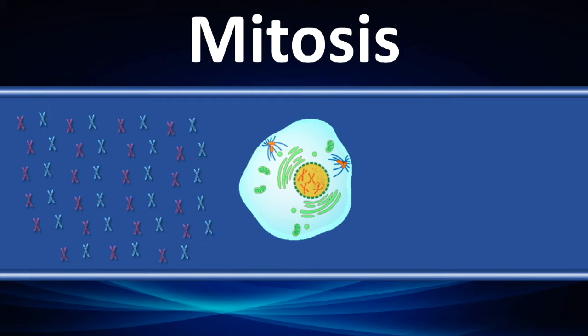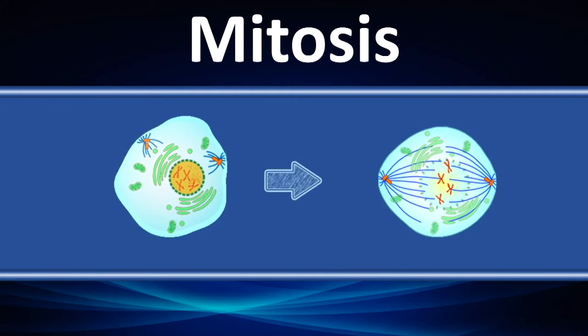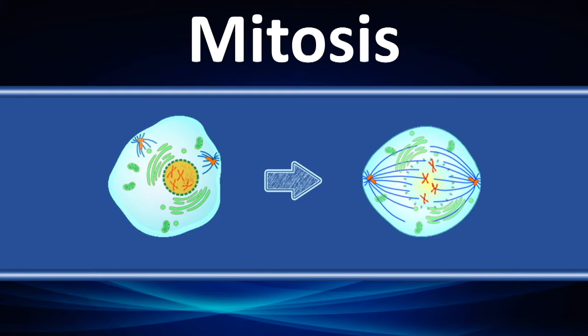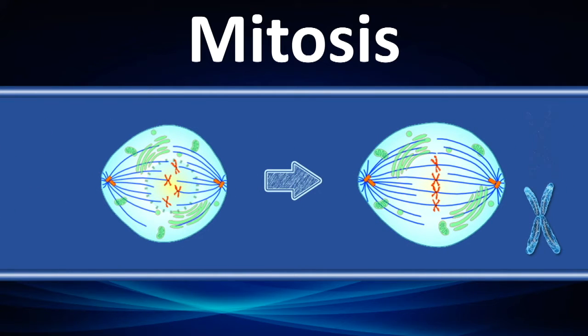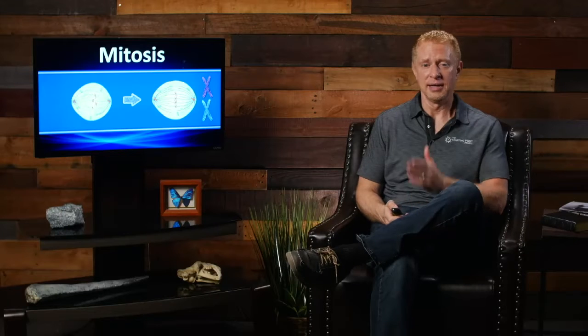Now we've got 23 blue X's and 23 pink X's from mom and dad. We've doubled the DNA inside that cell. Then what happens is the membrane around it breaks down, and now these X's start to float towards the middle, and there are these microtubules that come out to connect with them to help them line up in the middle of the cell, up and down, these pink and blue X's lining up because of these microtubules.